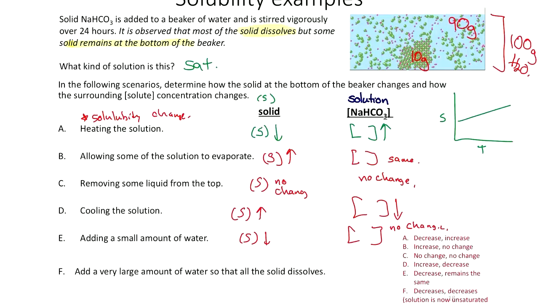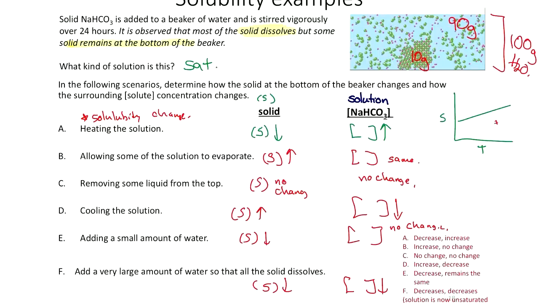Because then the last one here is, okay, let's add a butt ton of water, so all of the solid dissolves. So obviously, if all the solid dissolves, the amount of solid decreases, but then what happens to the concentration now? It decreases. So at this point, we actually have an unsaturated solution, right?